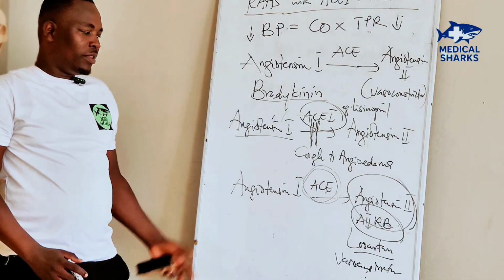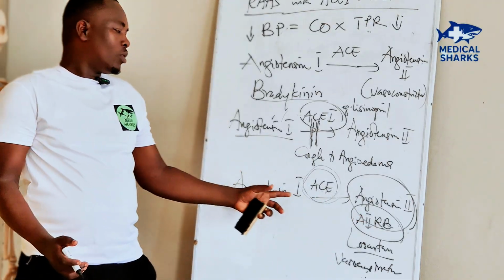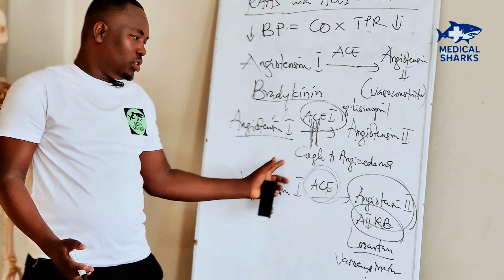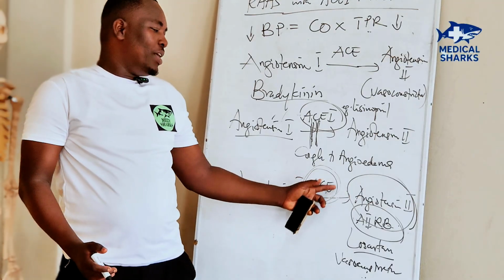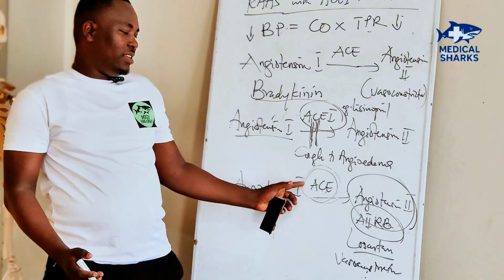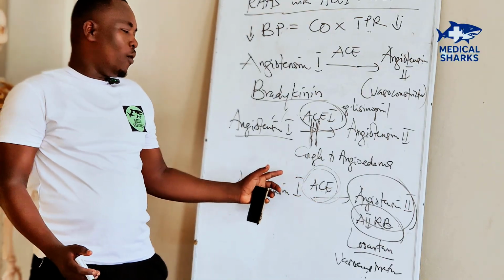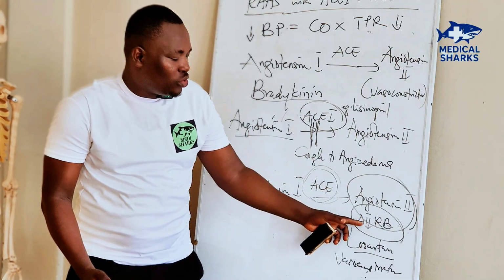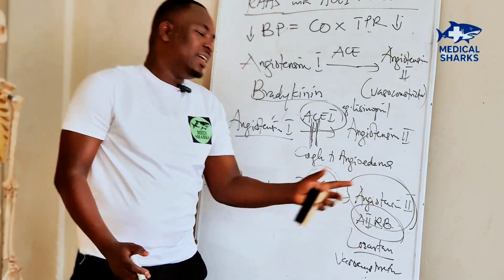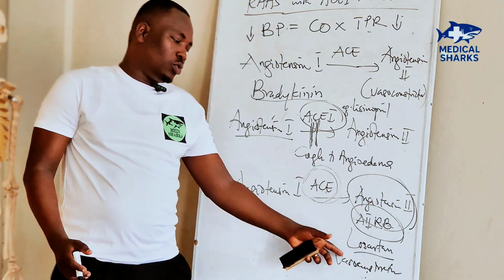I repeat again. The angiotensin II receptor blocker will allow angiotensin 1 to change to angiotensin 2, and there will not be any accumulation of bradykinin because it didn't block the path. But as soon as it has changed from angiotensin 1 to angiotensin 2, the angiotensin II receptor blocker will block the receptor for angiotensin 2 to work as a vasoconstrictor.